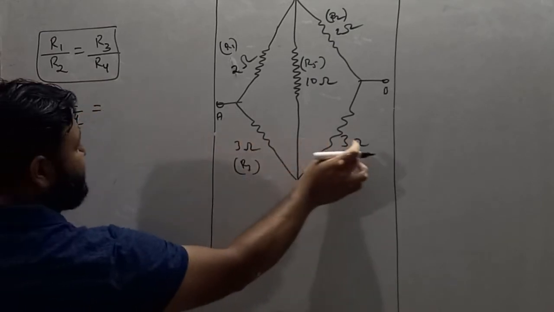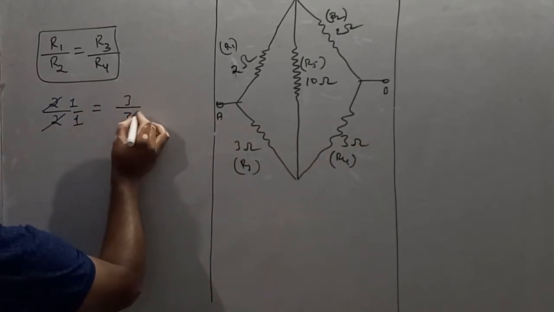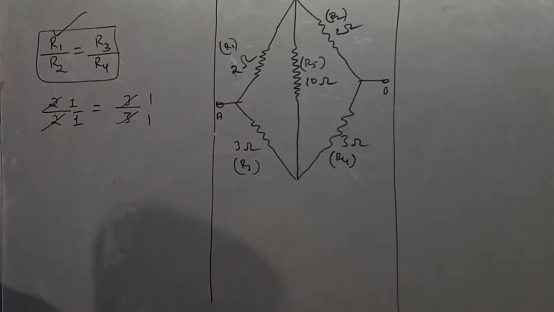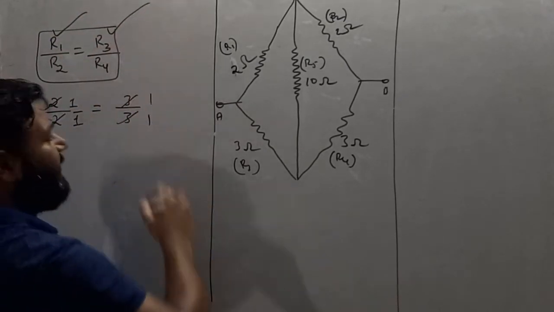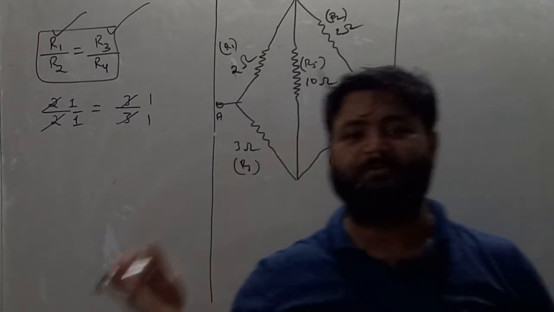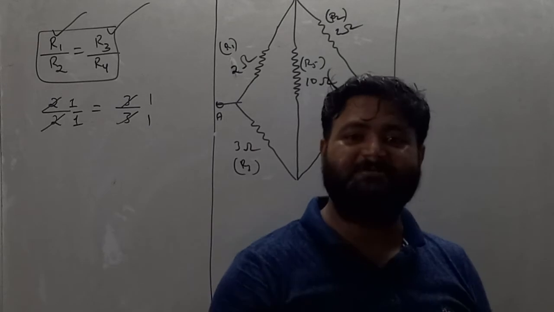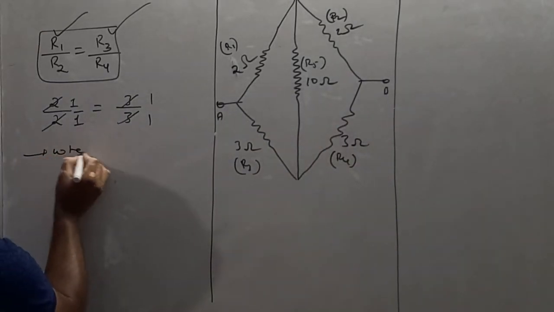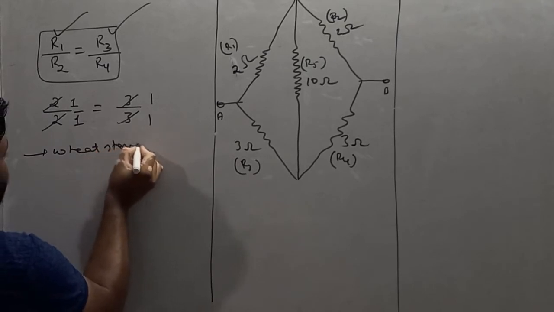R3 is 3 and R4 is 3, so 3 by 3, again 1 by 1. So R1 by R2 equals R3 by R4 here, and so we say the Wheatstone bridge is balanced.